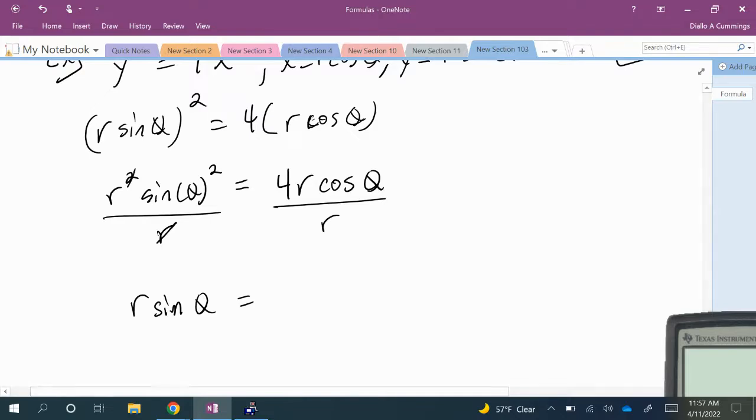On the right-hand side, the r's are going to cancel completely, so we're left with 4 times the cosine of theta. So we've divided both sides by r.